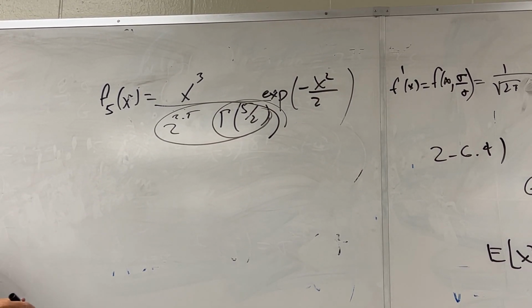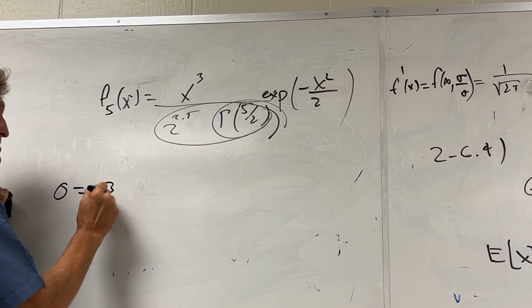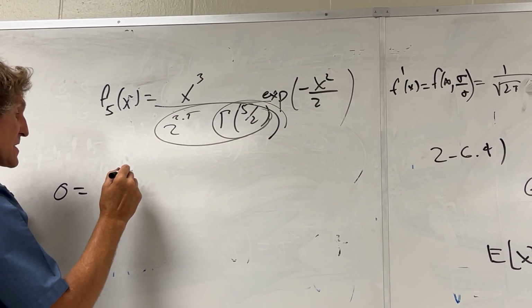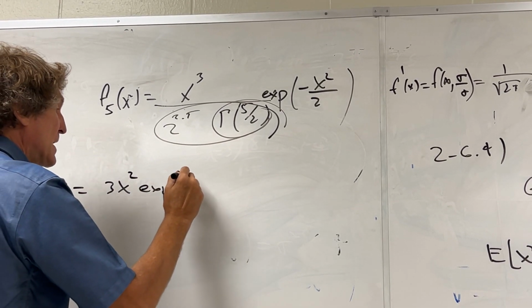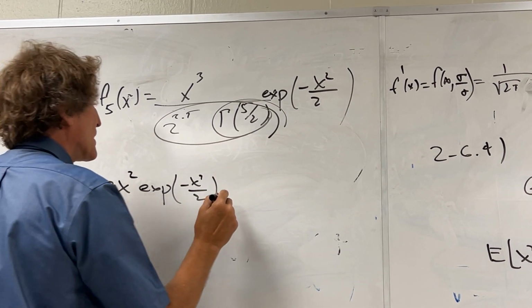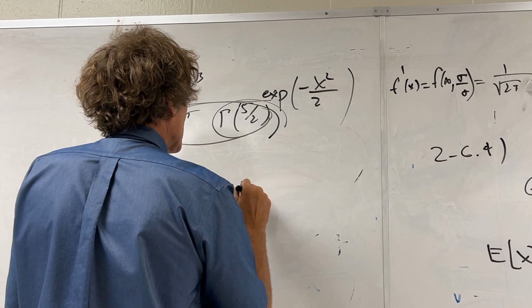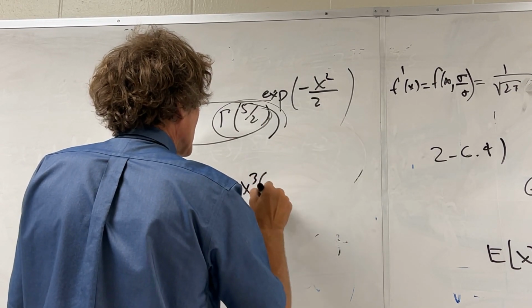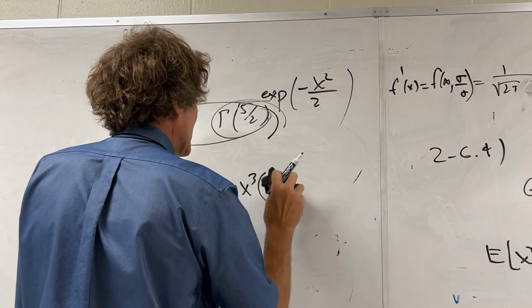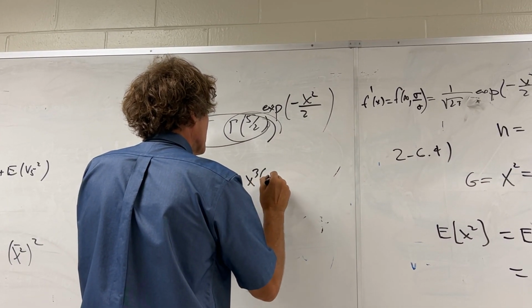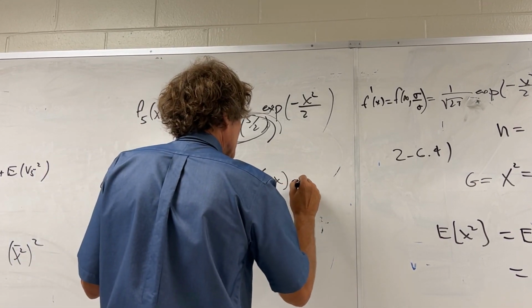If I take a derivative of this and set it equal to 0, I'm going to have 0 is equal to 3x squared times the exponential of minus x squared over 2, plus, and you forget those constants, x cubed times the derivative of that, which is going to be minus 2x over 2, or just minus x, and times the exponential.